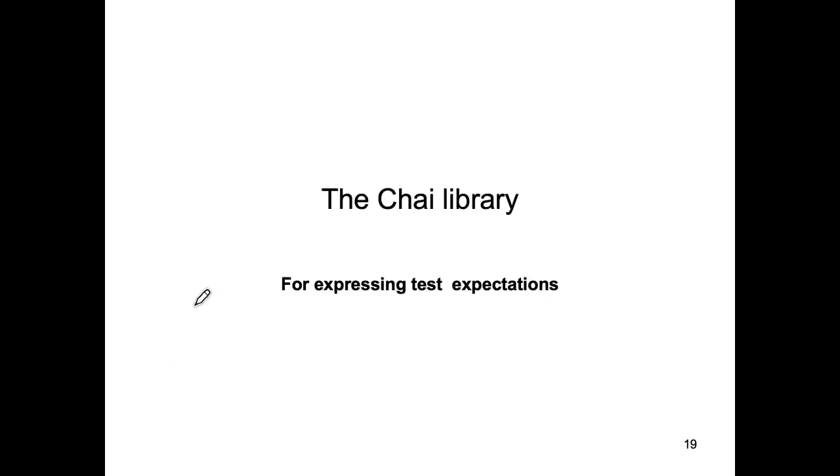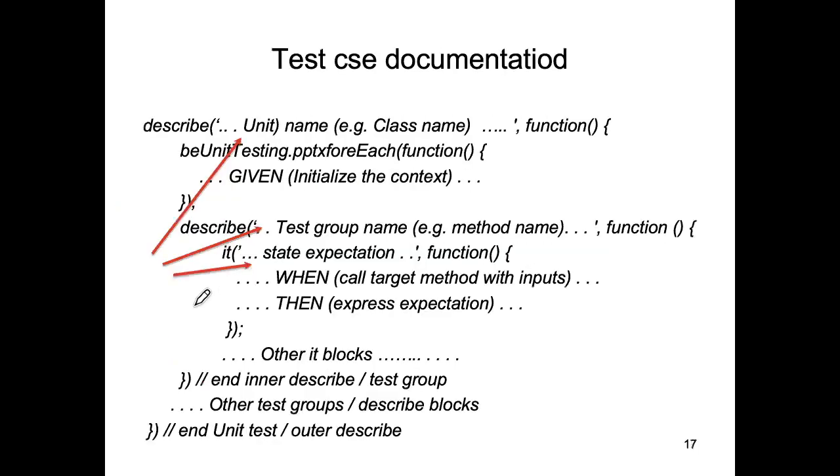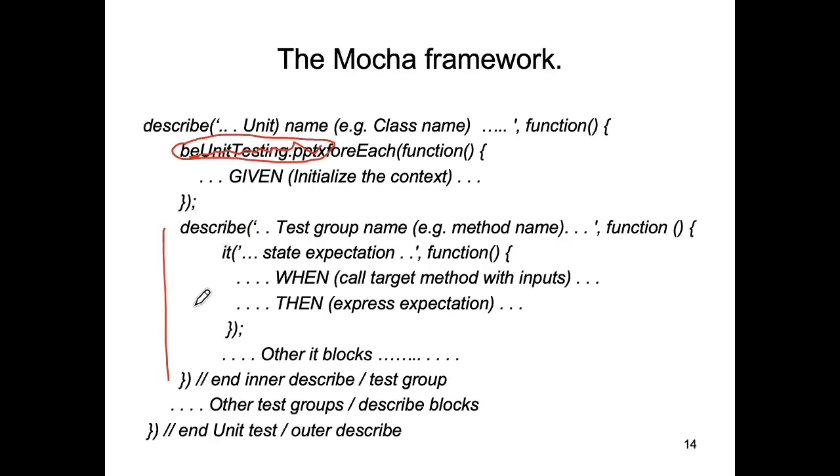Now, I mentioned the Chai library once or twice. The Chai library, if I go back to here, is where this part comes in, where we try and express our expectation about A, the response that came back from the target, and/or B, the state of the target after we've invoked the particular method that we're testing.